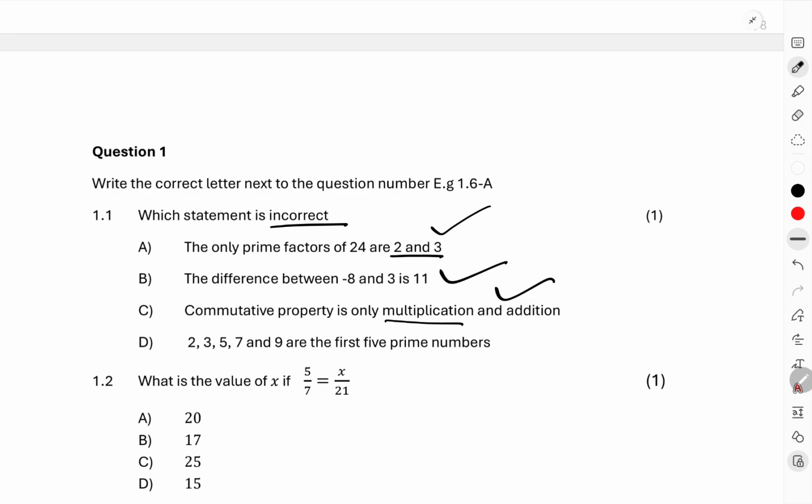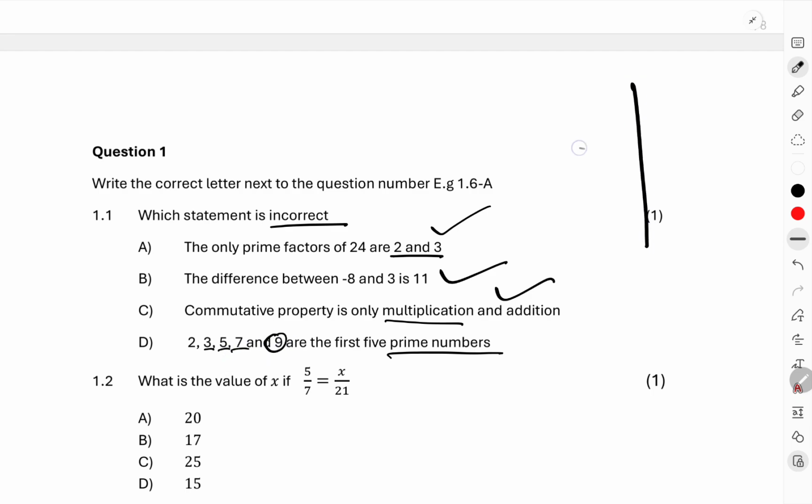Let us look at D. 2, 3, 5, 7 and 9 are the first prime numbers. Now, the definition of a prime number is that it has 2 factors, 1 and itself. So obviously, 2 is a prime number because it has 2 factors, 1 and 2. 3 is a prime number, 5 is a prime number, 7 is a prime number. But is 9 a prime number?